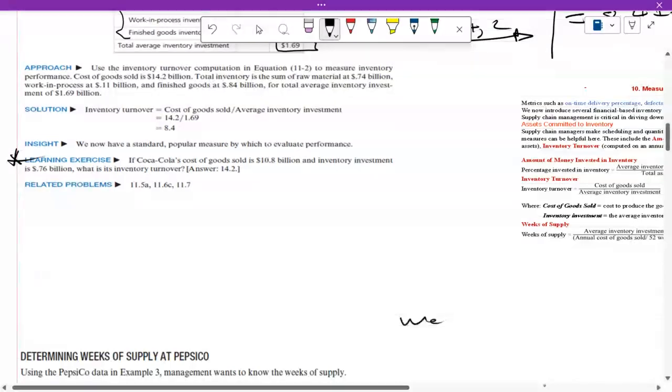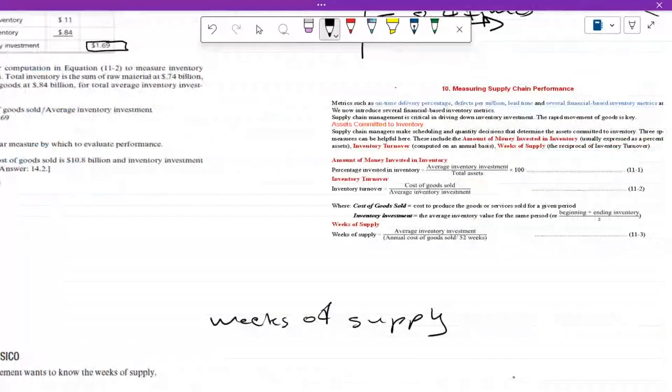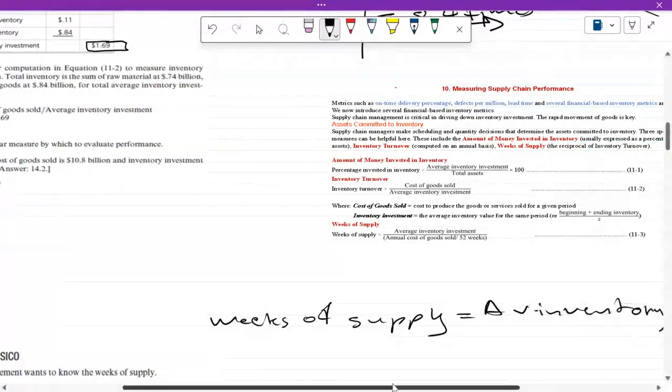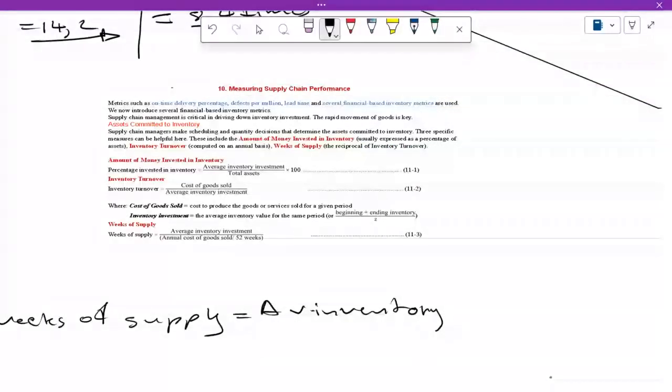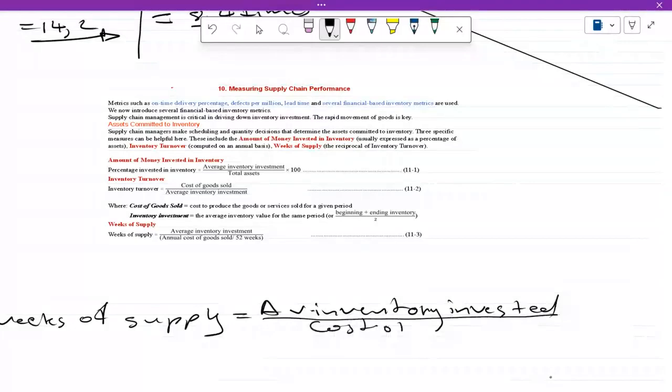Weeks of supply equals the average inventory investment over cost of goods sold over 52 weeks.